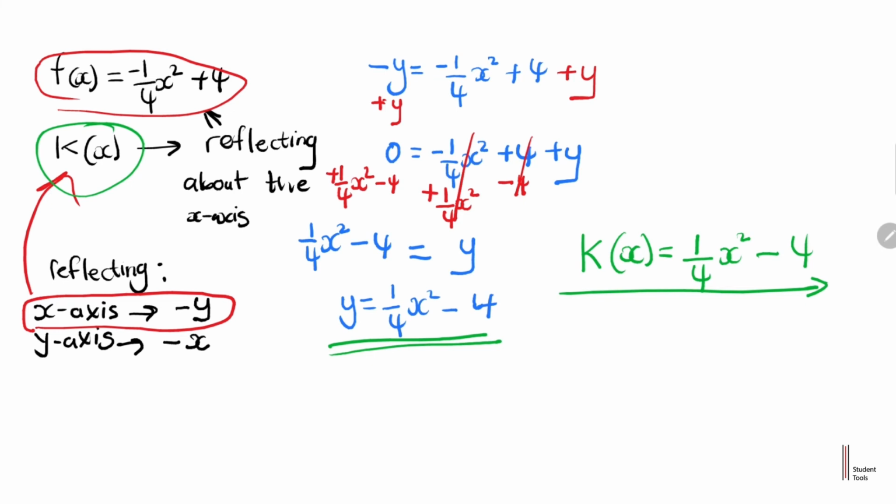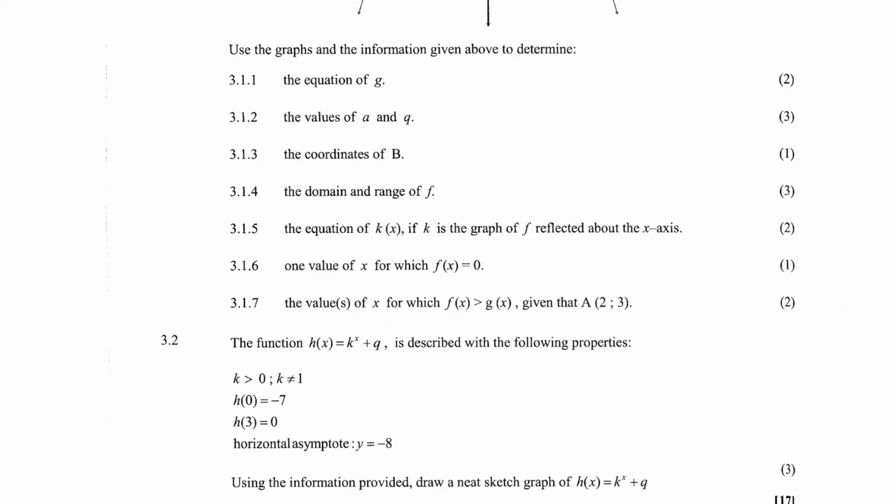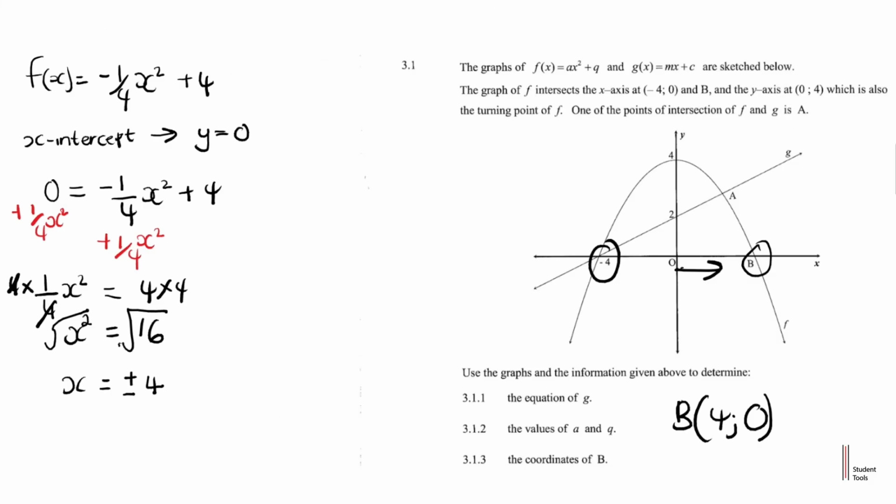Now let us proceed to 3.1.6. 3.1.6, use the graph and the information given above to determine one value of x for which f of x is equal to a 0. Okay, so here we are supposed to determine one value of x where f of x is equal to a 0.